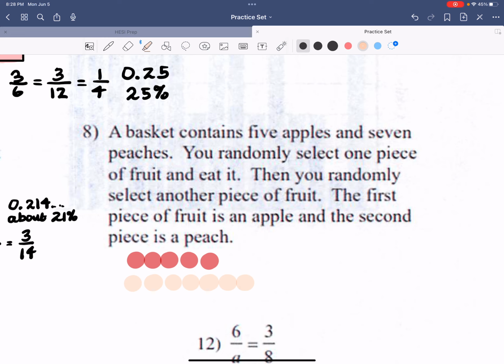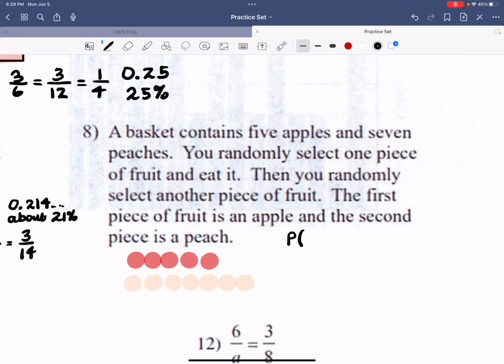Total of how much fruit? 5 and 7 make 12, a dozen. You randomly select one piece of fruit and eat it. So you can't put it back in there if you ate it. Then you randomly select another piece of fruit. The first piece of fruit is an apple, and the second piece is a peach.